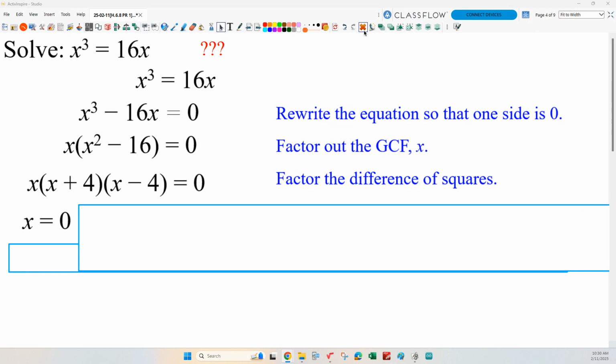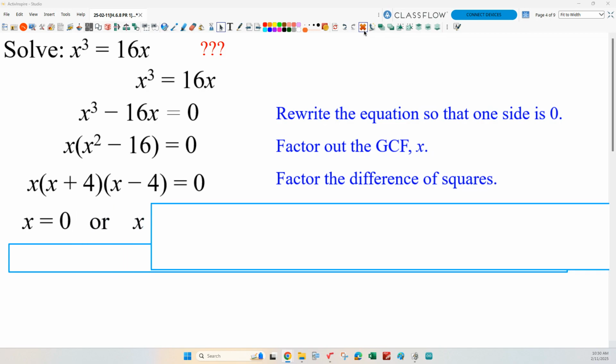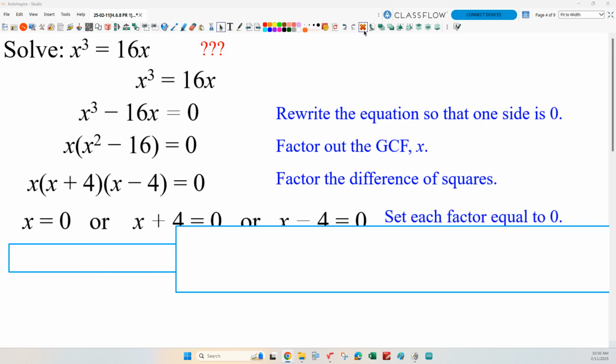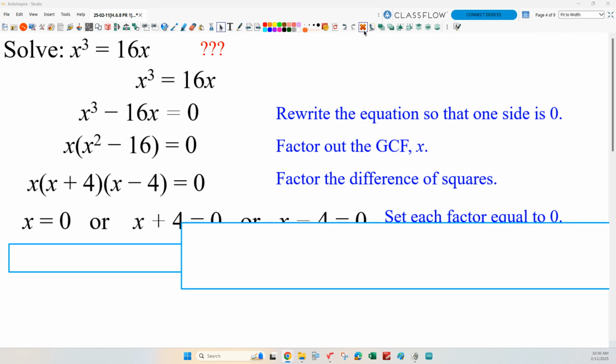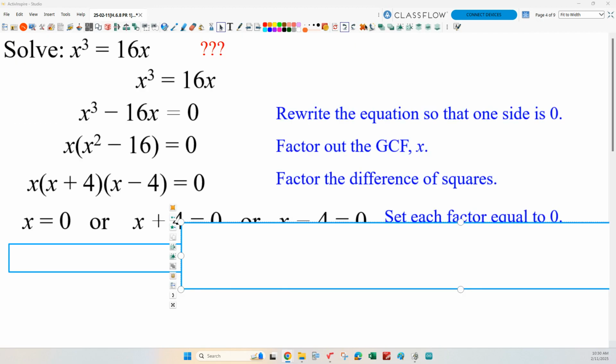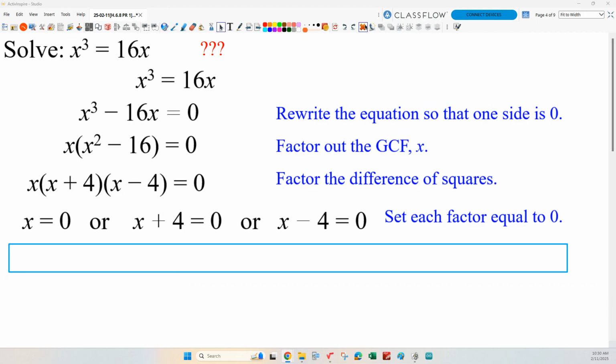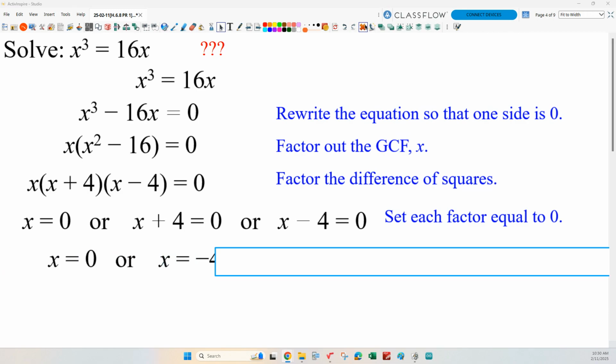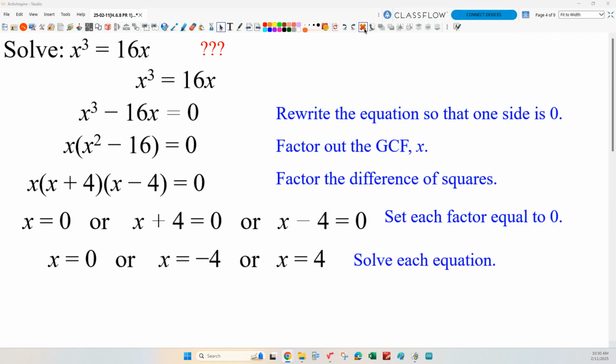What's the next solution, the 0 of the next factor? Negative 4. There you go. So x equals negative 4. And then finally, the last solution would be positive 4. Good.